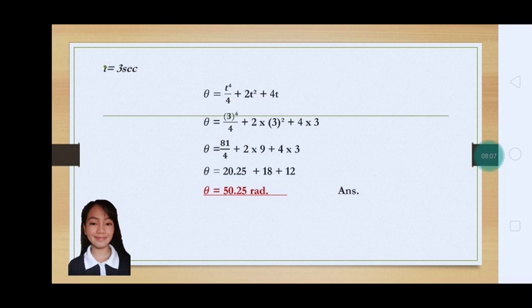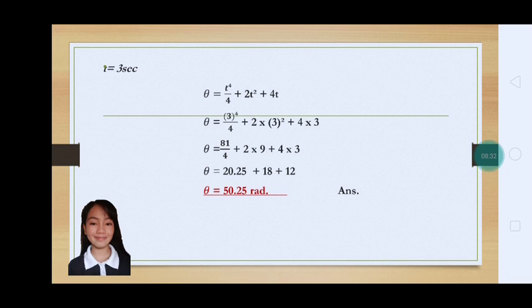So, to get the exact answer of the theta, theta is equal to t to the fourth over 4 plus 2t squared plus 4t. We need to substitute every t with 3 seconds.